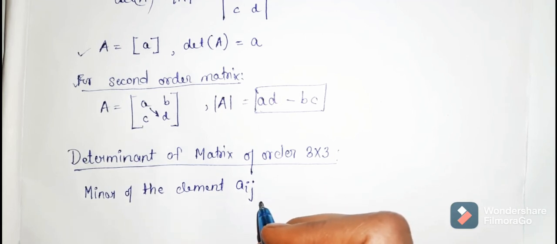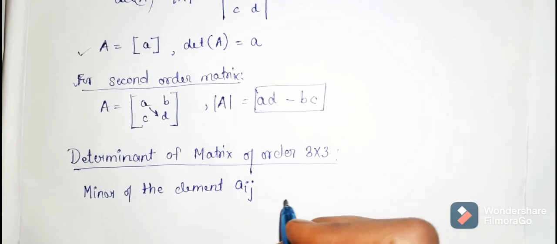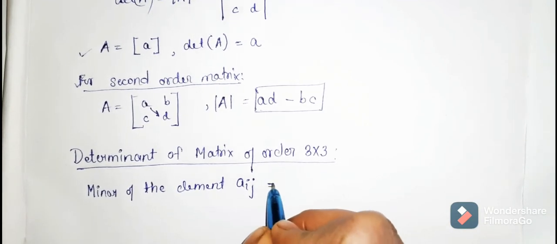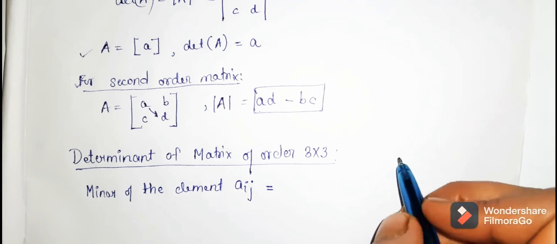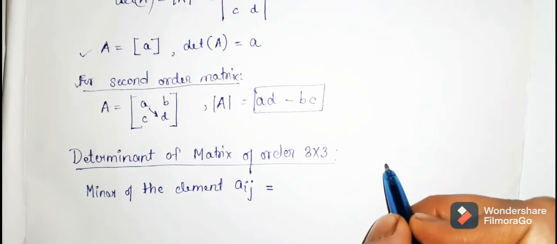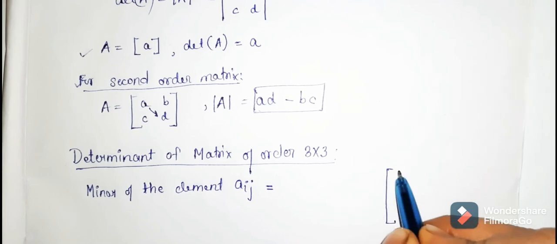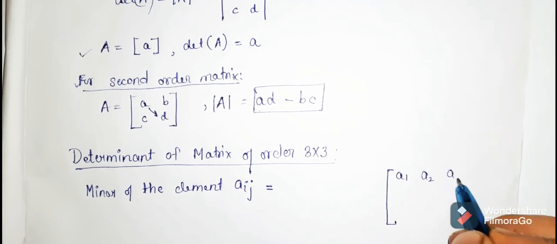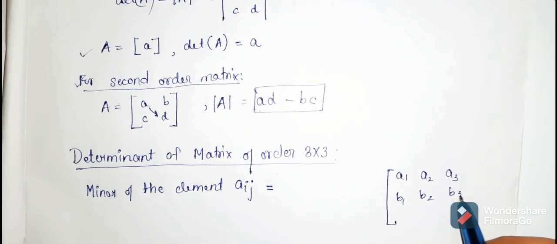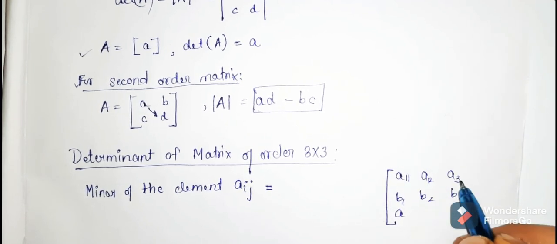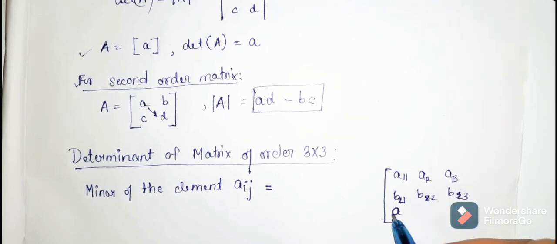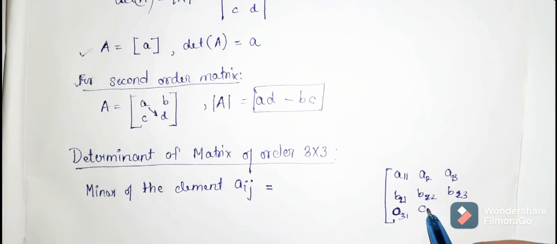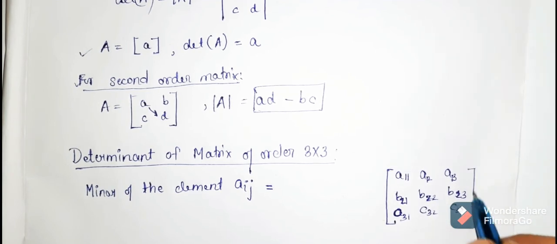So suppose you have a third order matrix with entries A11, A12, A13, B21, B22, B23, C31, C32, C33.